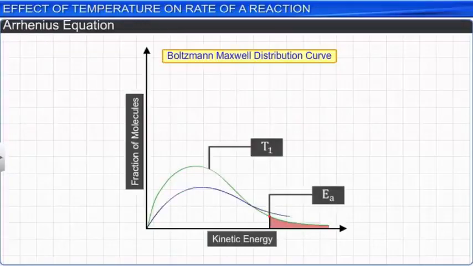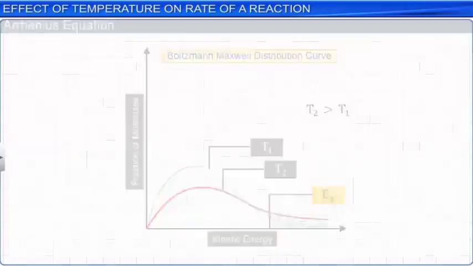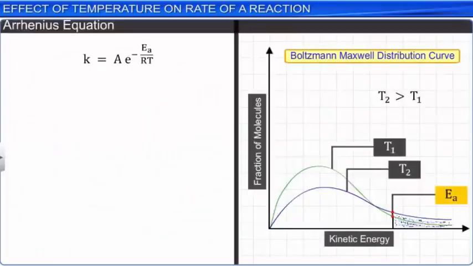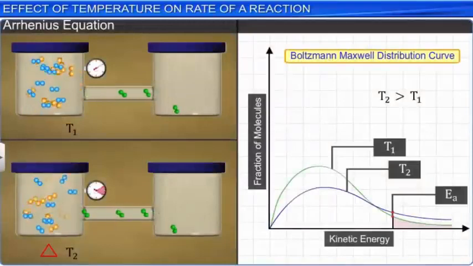As the temperature of the system increases, the peak of the curve moves to a higher energy value, and the curve broadens out to the right, such that there are a greater number of molecules with much higher energy. As the number of molecules with higher kinetic energy increases, the number of molecules that carry energy greater than the activation energy also increases. Thus, the rate of reaction increases with temperature.